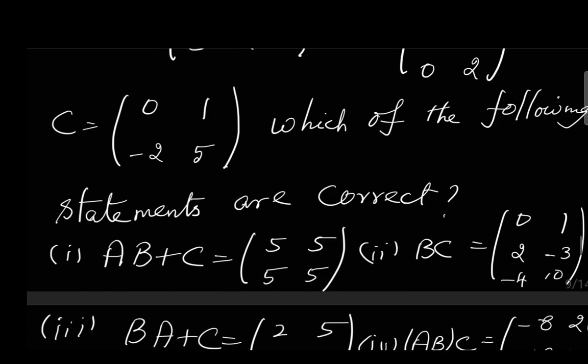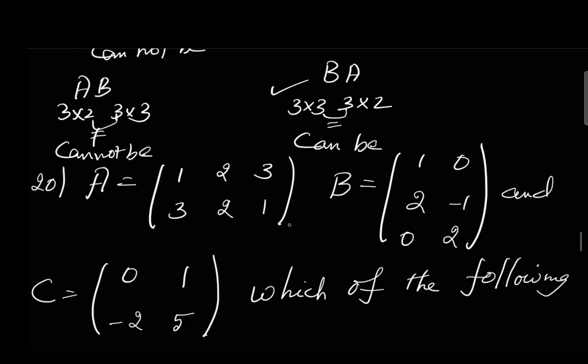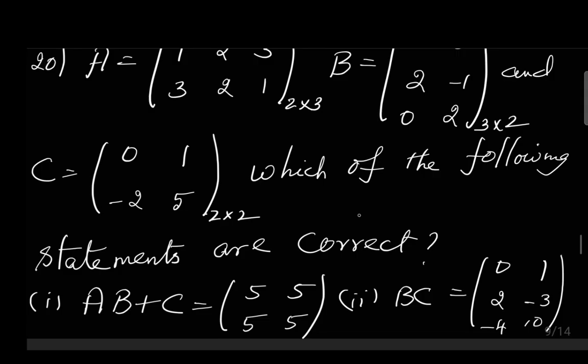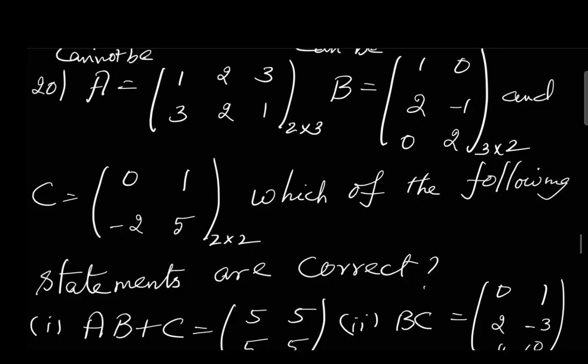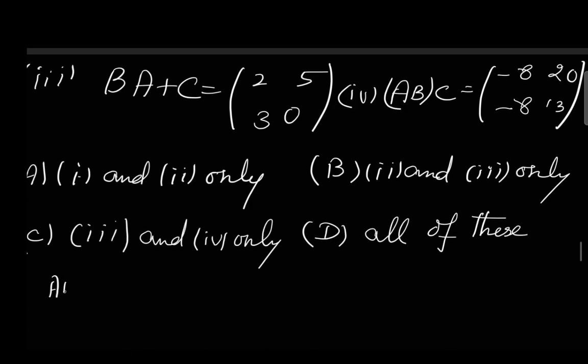See the same model. Next sum. A matrix of order 2 by 3. B matrix is of order 3 rows and 2 columns. C matrix 2 by 2. Which of the following statements are correct? First, see which can be possible. First statement is AB plus C. Look at the order alone.